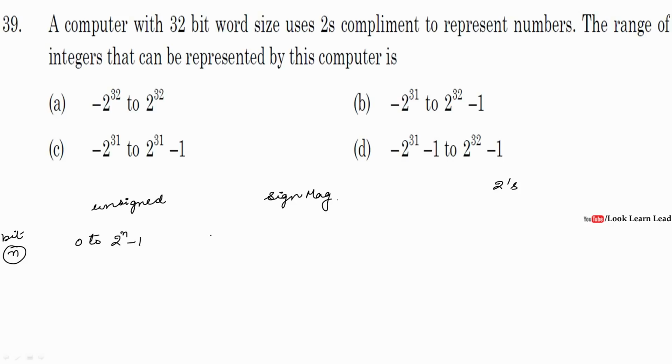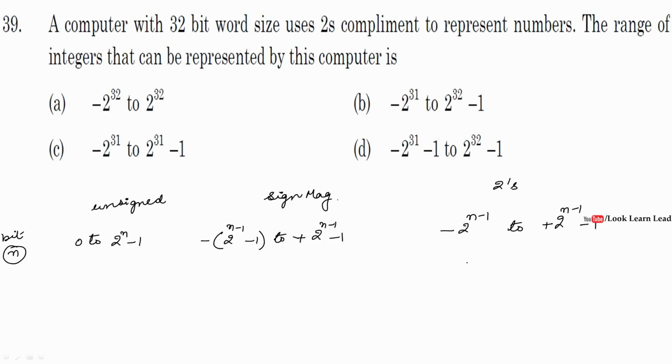For signed it is minus 2 to the power n minus 1 minus 1, to plus 2 to the power n minus 1 minus 1. For 2's complement it is minus 2 to the power n minus 1, to plus 2 to the power n minus 1 minus 1.